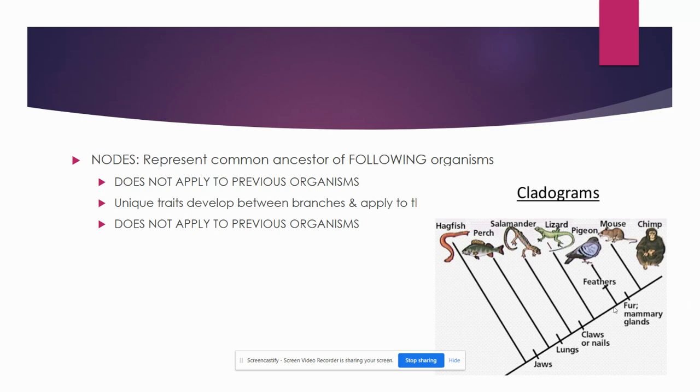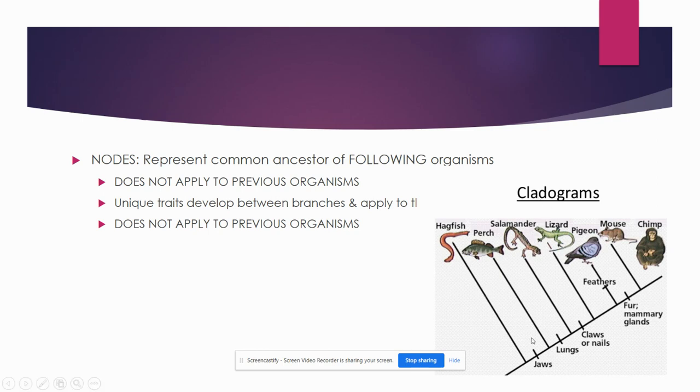You would look at your cladogram, see lizard, pigeon, mouse, and chimpanzee, and go back, and right here would be the node that represents that previous common ancestor. So again, this is the common ancestor for the following organisms, not the previous ones. Following, not previous.